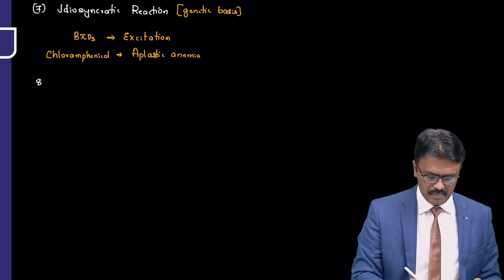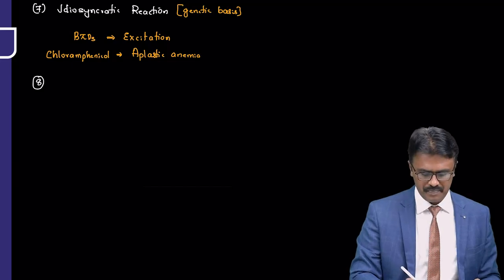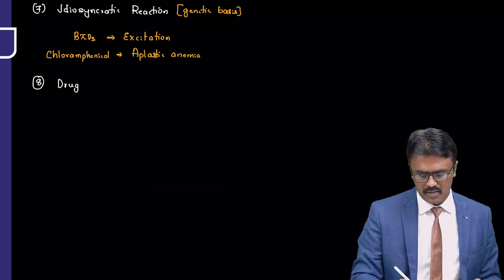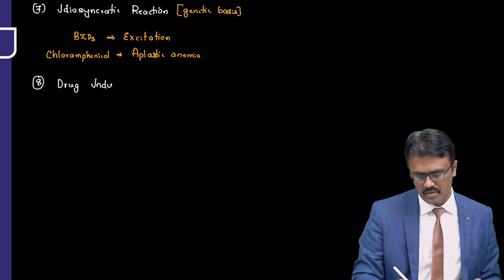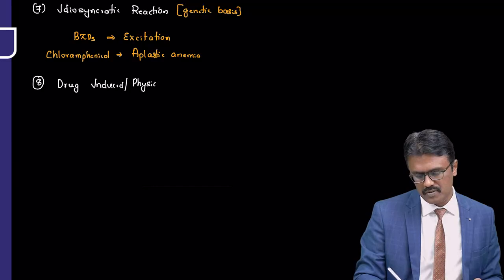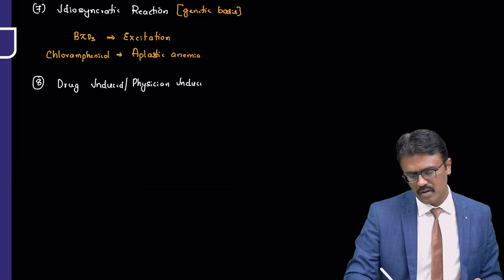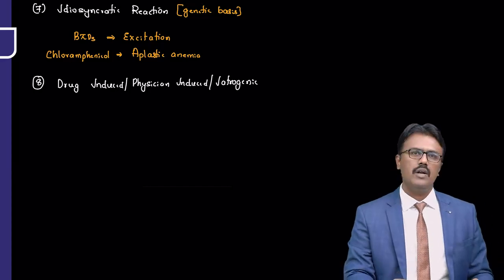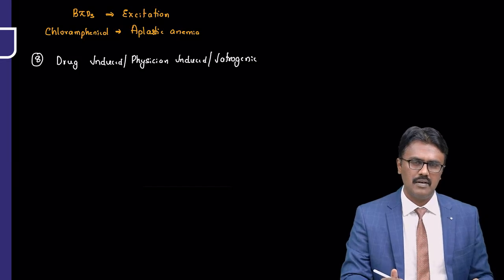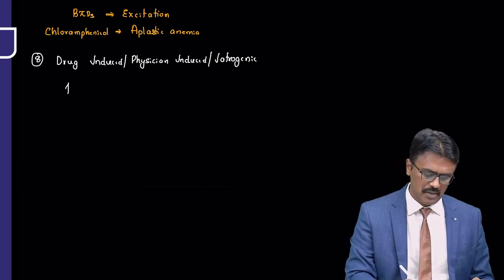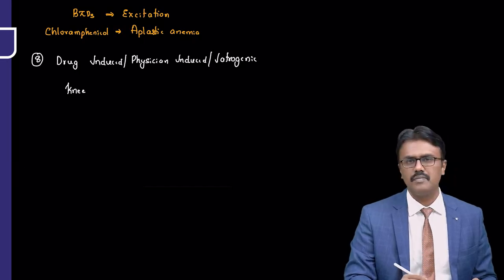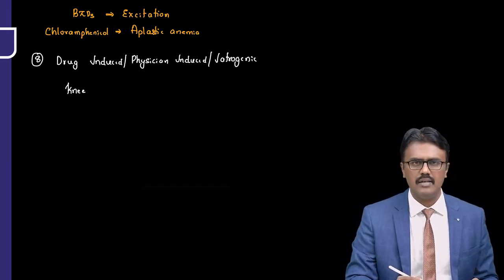Number 8, patient may develop disease from the drug. So it is called drug induced, or physician induced, or iatrogenic adverse effect. Now, how can a doctor give a disease? Let us take an example. A patient comes with knee arthritis.